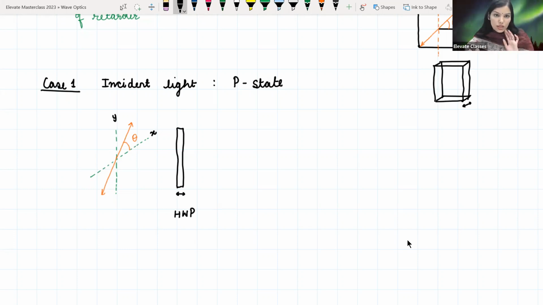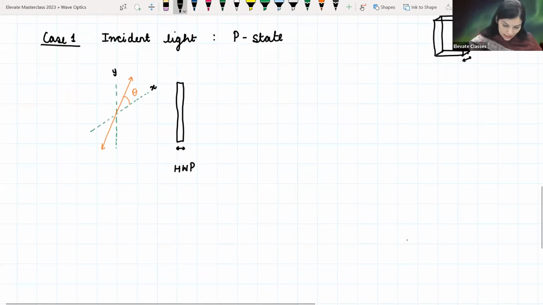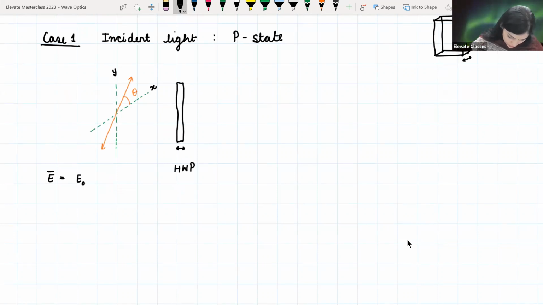Don't think too much about it, okay? Don't get confused. So now, if I write what this state is, I can write that my input beam, my E field, is something like E0x i cap plus E0y j cap, and cos(kz minus omega t).